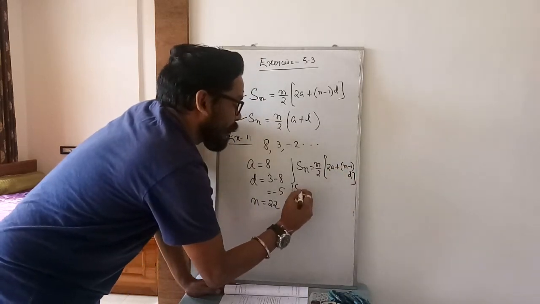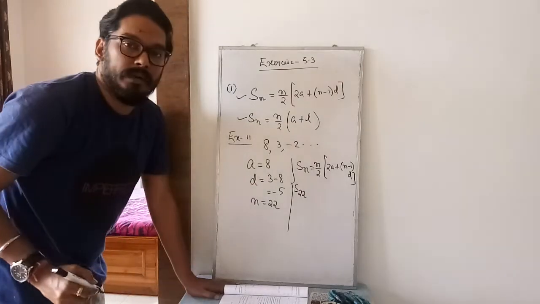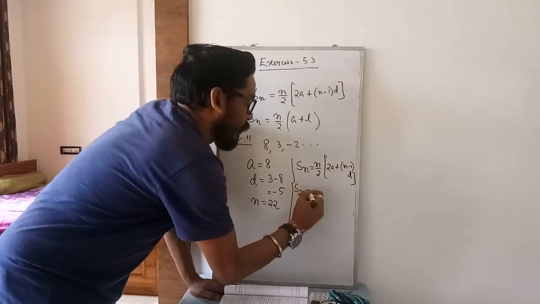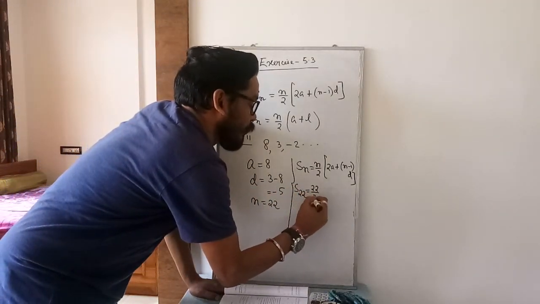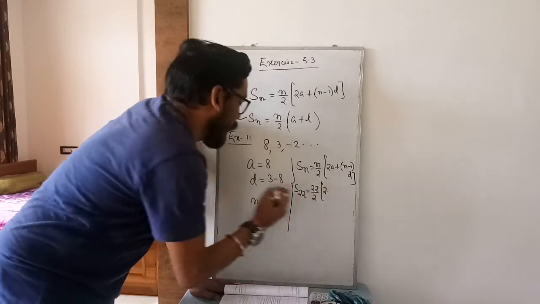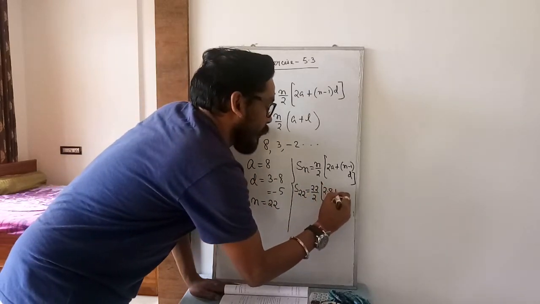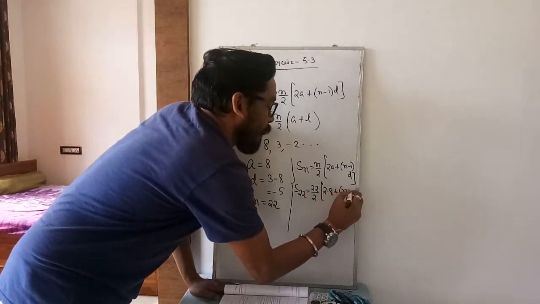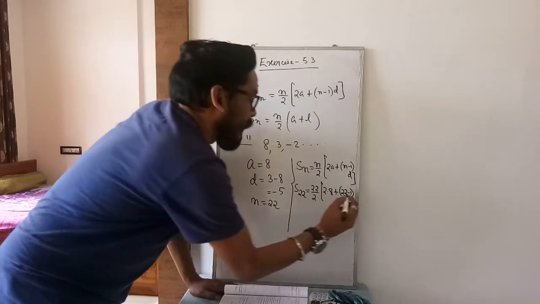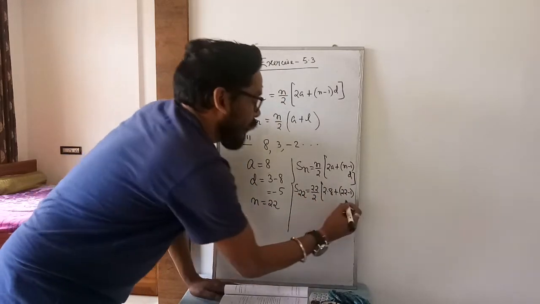I have to find the sum of 22 terms. In place of n you will write 22. So it equals 22 by 2 into 2A, your A is 8, plus 22 minus 1 into D, and D is minus 5.